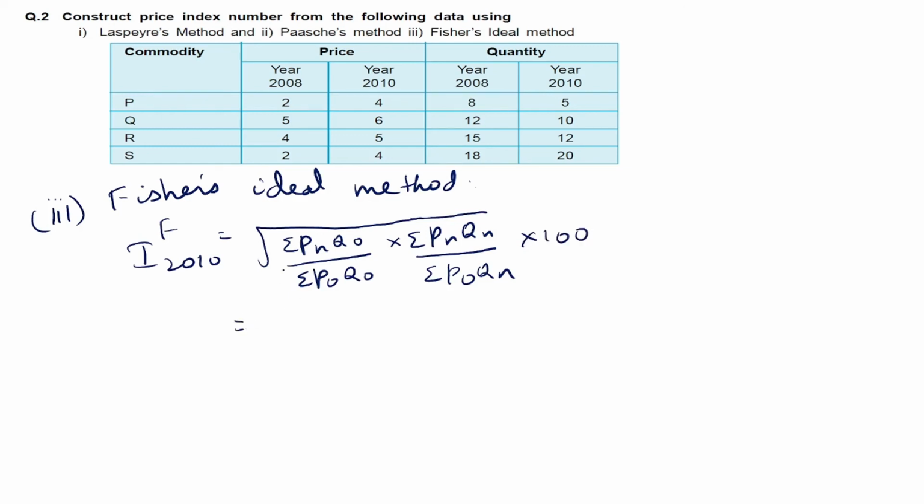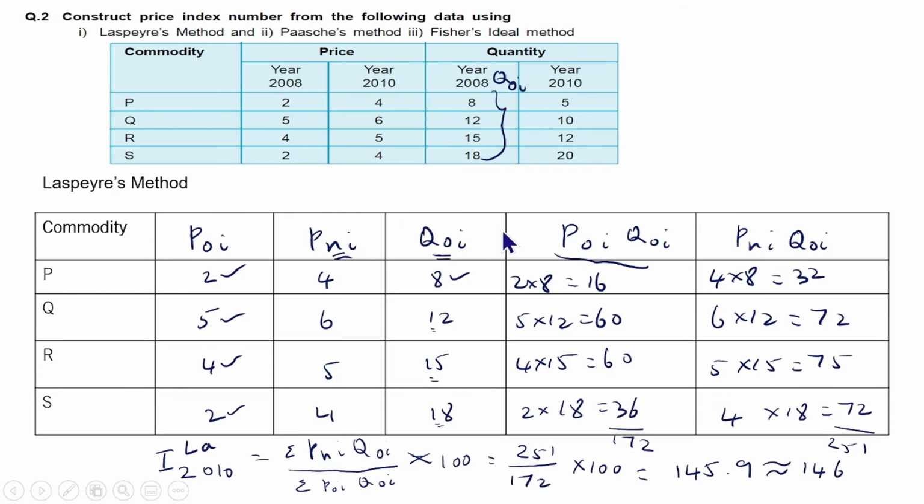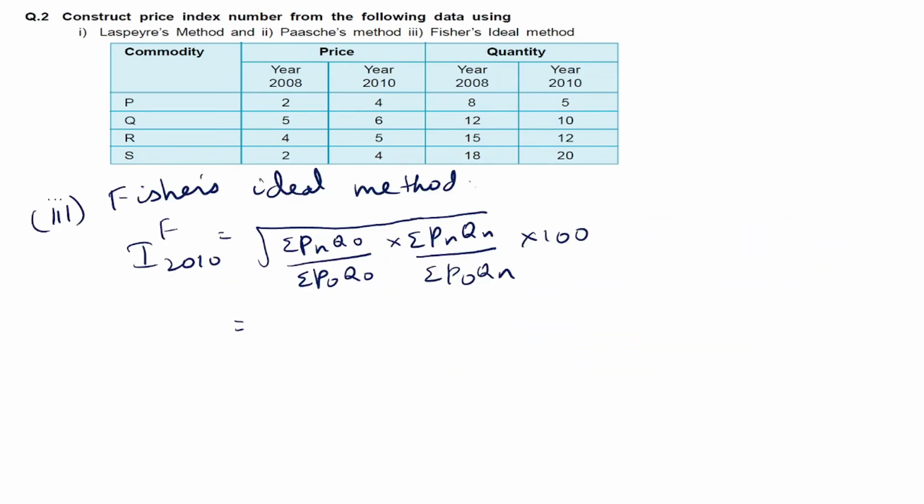So using Laspeyre's method, summation Pn Q naught upon summation P naught Q naught is 251 upon 172. So this is root of 251 upon 172 into summation Pn Qn upon summation P naught Qn.